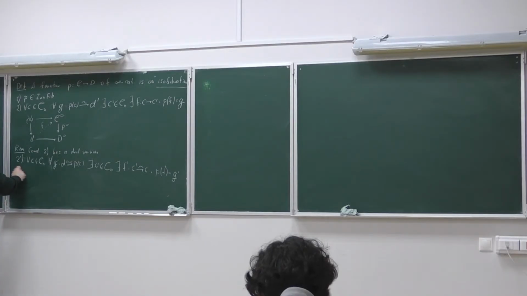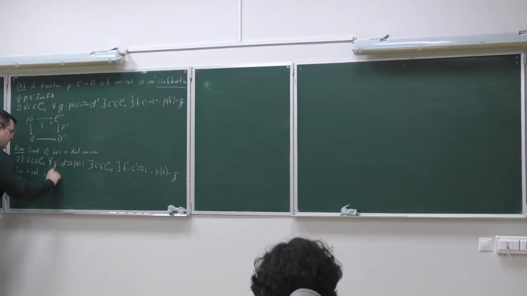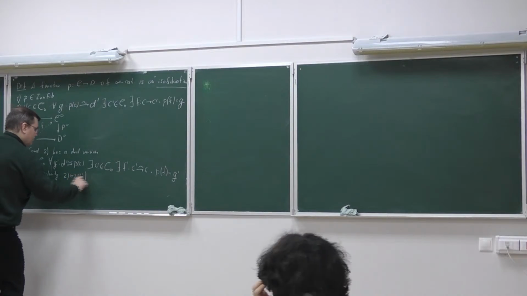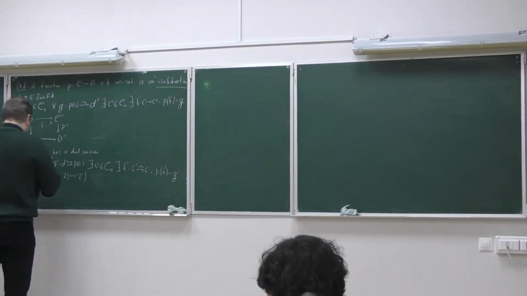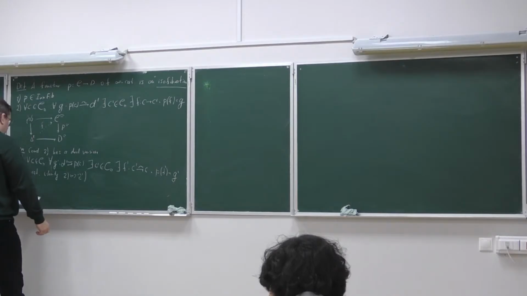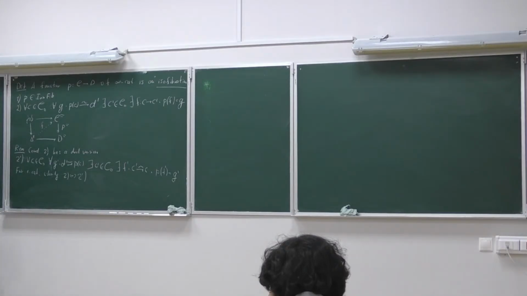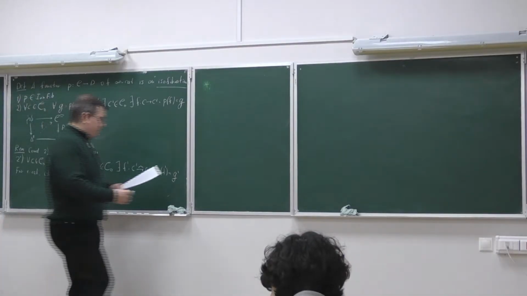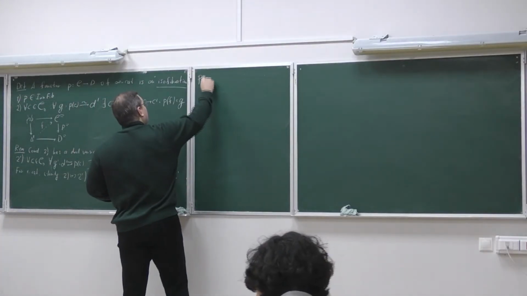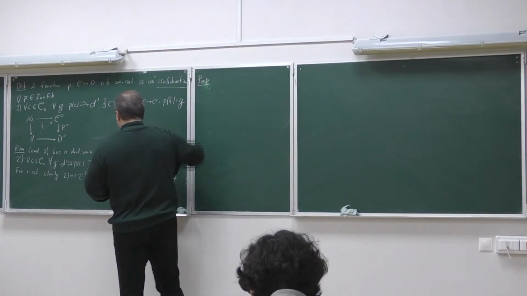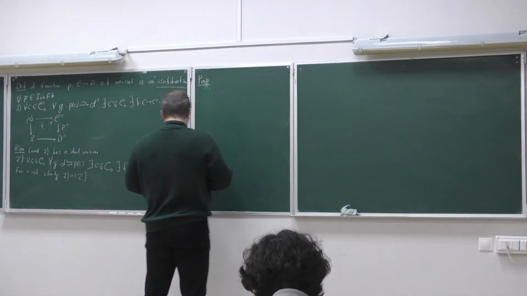So for one-categories, clearly 2 is equivalent to 2 prime. Maybe I finish with this, and then I just formulate the proposition. The proposition says that actually everything you need to know about this condition for isofibration comes from ordinary category theory.